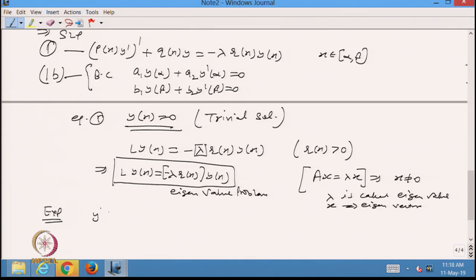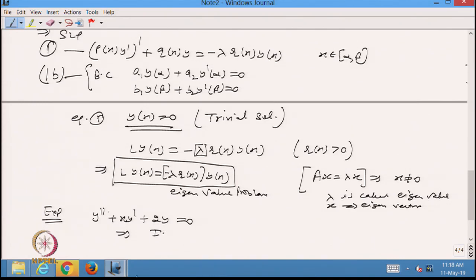Suppose I have a differential equation y'' + x y' + 2y = 0.